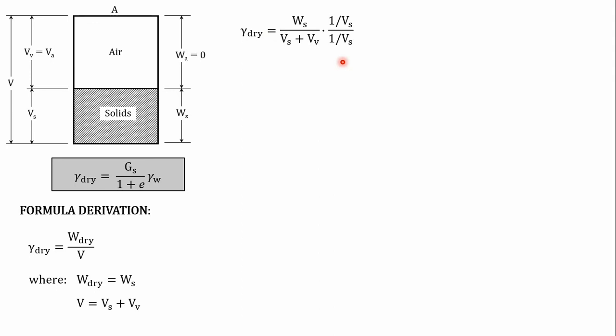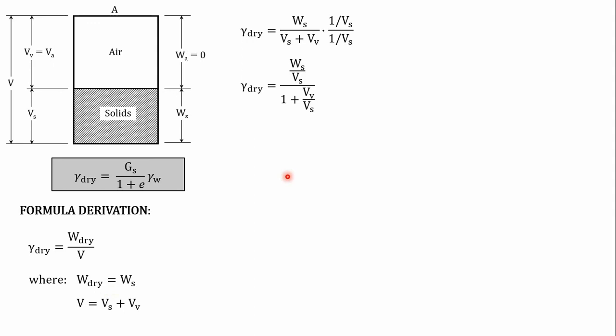Yung target natin is itong formula na to. Para magkaroon siya ng 1 plus E, i-multiply natin siya ng 1 over Vs, both numerator and denominator. So magka-come up yung formula natin ng ganito: weight of solids divided by the volume of solids, divided by 1 plus volume of voids divided by the volume of solids.